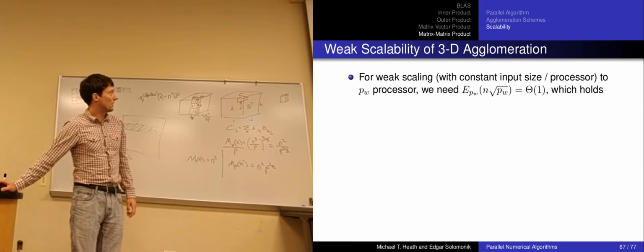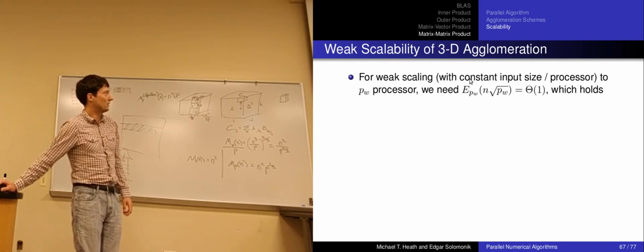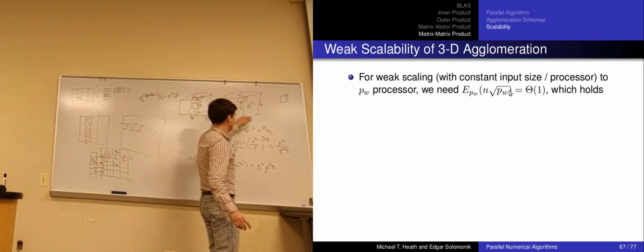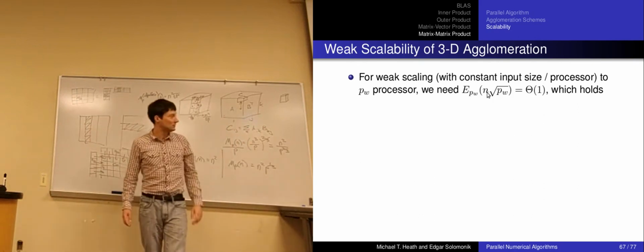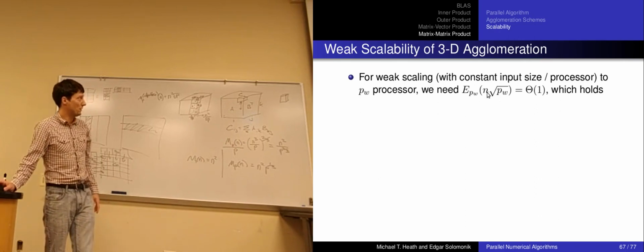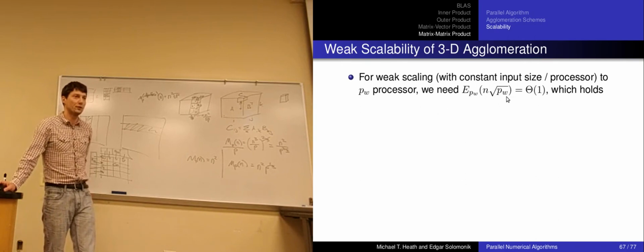So we can notice that, basically what we need is that this would hold. As we grow the memory input size, the efficiency stays constant or does not grow. And that will actually hold for the 3D algorithm.